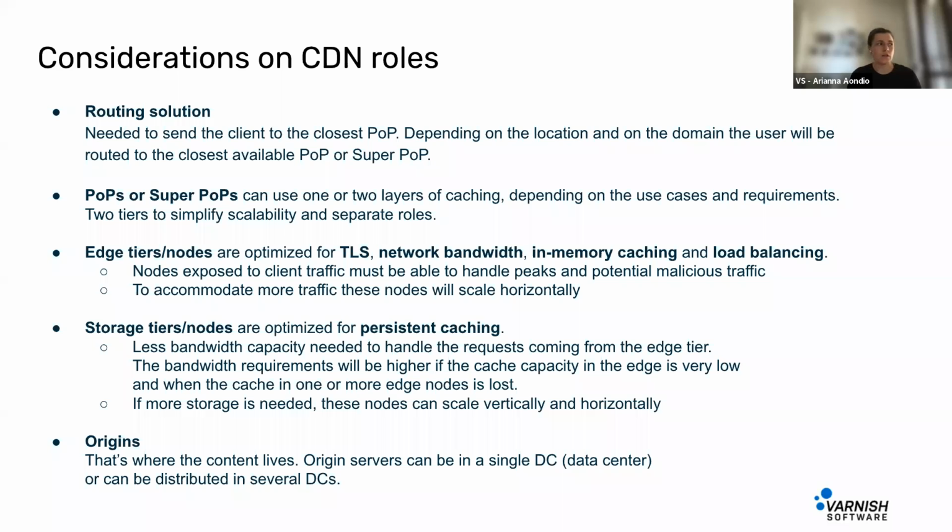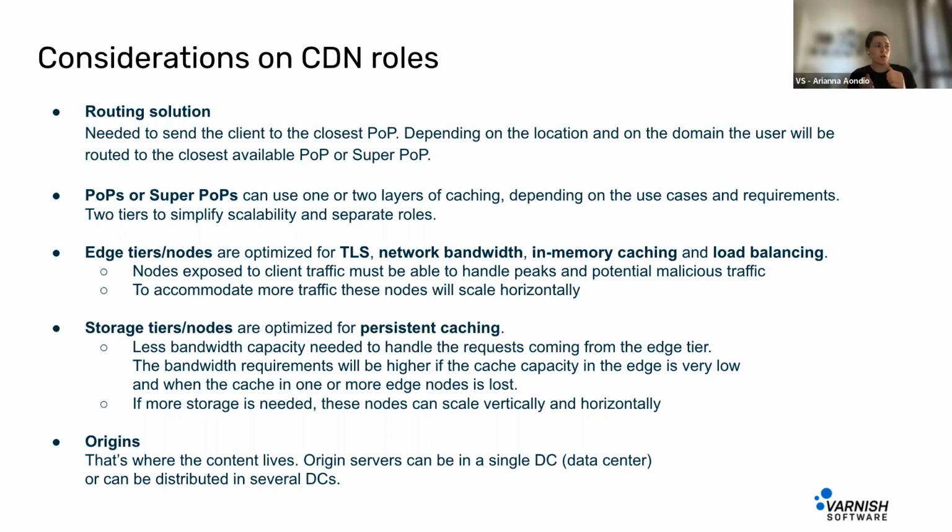And these nodes will be exposed to client traffic, and this traffic can be just regular requests, but it can also be malicious traffic, meaning that this POP will have to be optimized for bandwidth and TLS resolution, but those nodes will also have to be smart enough to either reject traffic or to load balance requests from the edge tier towards the storage nodes. And we want to do this in the most effective way.